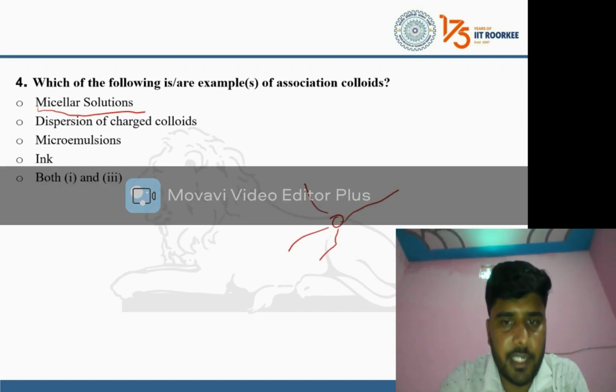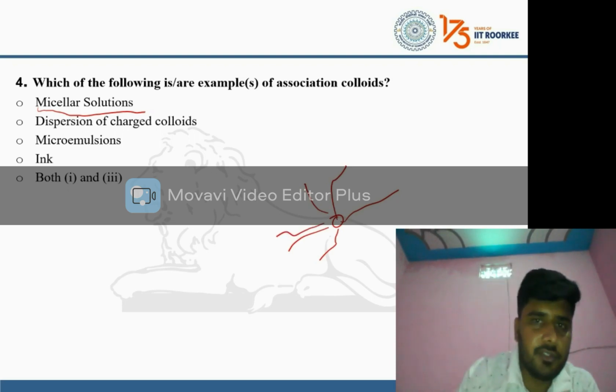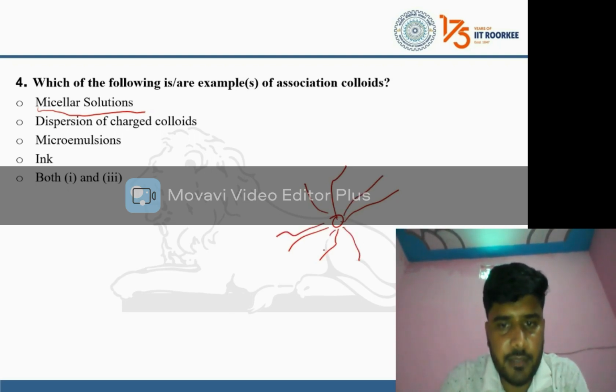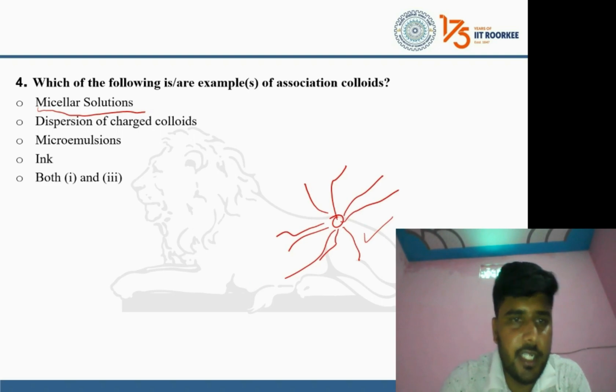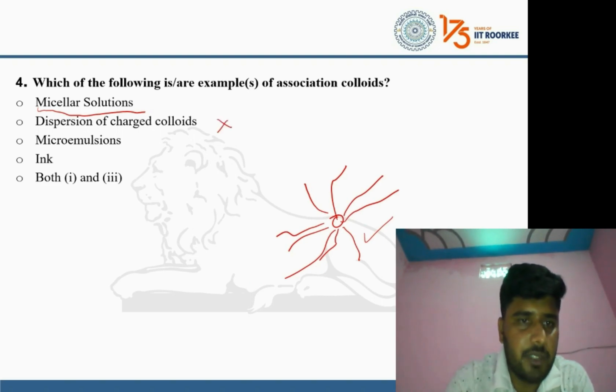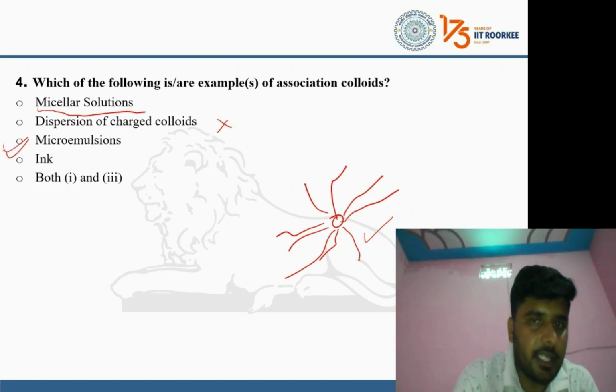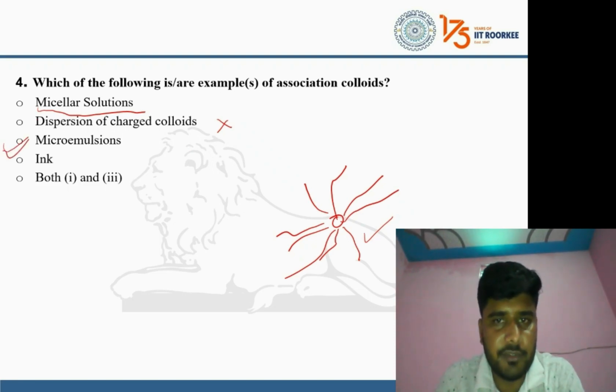They are thermodynamically stable, like I have already said. These are associated molecules like micelles. Dispersion of charged colloid is not an association colloid. And microemulsion, yes, microemulsion is also an example of association colloids.